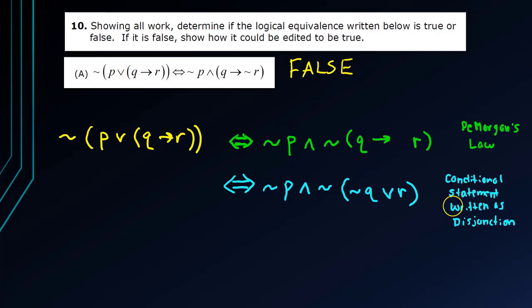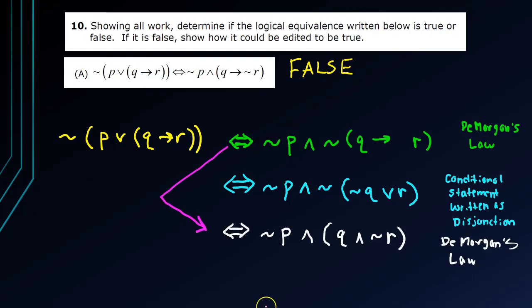That comes from the conditional statement written as a disjunction. The reason I have that here is that if I use De Morgan's law again, I can negate this disjunction to make it a conjunction. I always get mixed up between conjunctions and disjunctions. So by De Morgan's law, I could simply replace this with this.